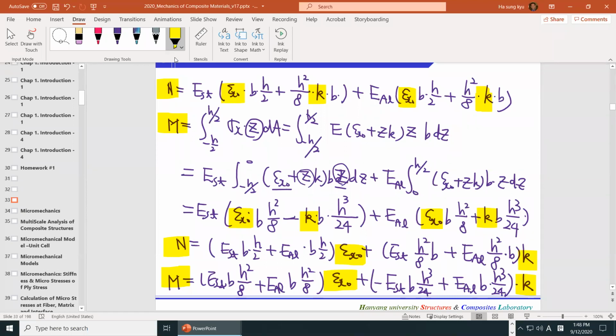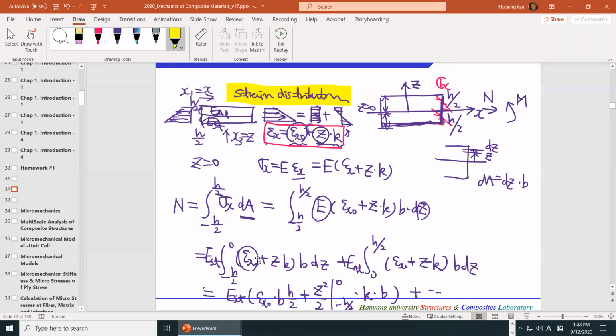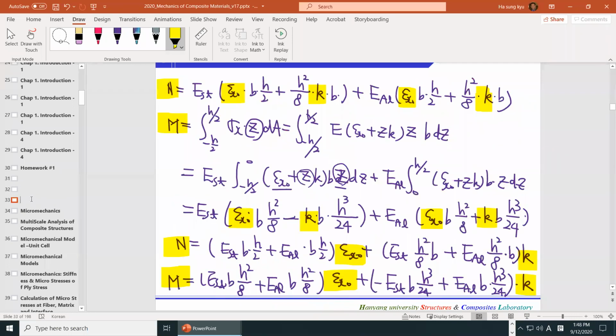But let's see, there is a minus there. Doesn't look like that is right. Minus where, let's go back. And here, moment, something like that, Z square.